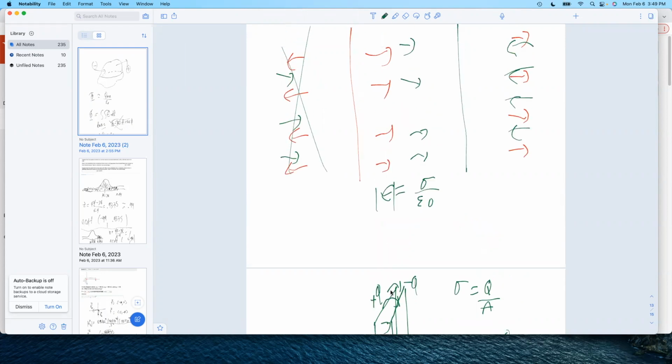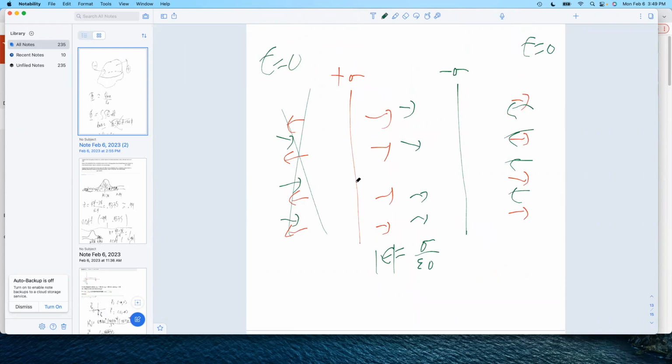What's cool about these, though, is that the electric field is constant in here. So if you have a constant electric field and you put another charge in there, say I put a proton in here, it will feel a constant force. Remember, electric force is just electric field times charge.